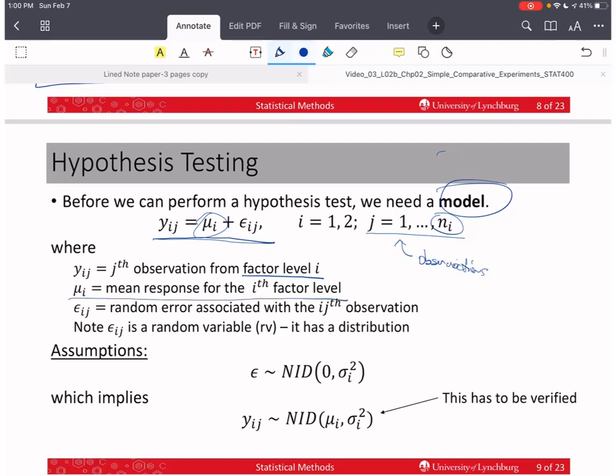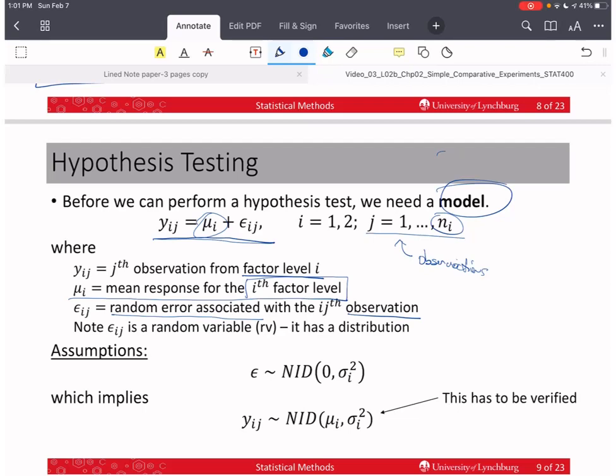So the response is Y. That's our output. And so it's the mean value of Y for the ith factor level overall. So you're averaging all of the outcomes in the ith factor level. That's mu sub i. And then epsilon ij is the random error associated with each observation, the ijth observation.